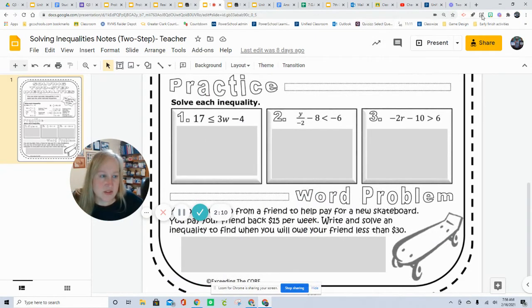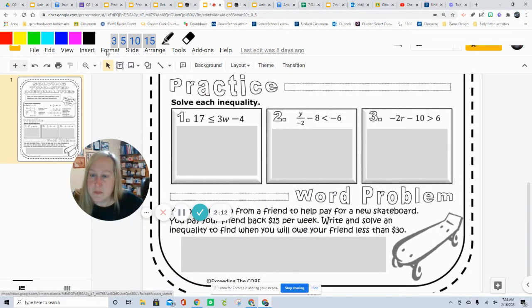All right, so let's do some examples. This first one, our goal, remember, is to isolate the 3w. So I need to move the negative 4 by adding 4. So I use that inverse property. I'm adding 4 to the 17, which is 21, is less than or equal to, and the only thing left is 3w.